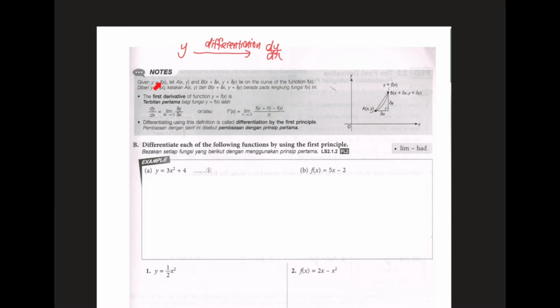Given y equal to f(x), let point A take coordinate (x, y). So which is this point? (x, y), this point. y equal to f(x) is the curve, which is this curve. We have a curve, we have a point, and B becomes (x + delta x, y + delta y).